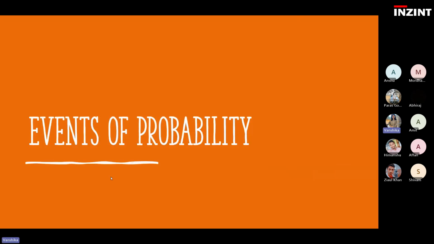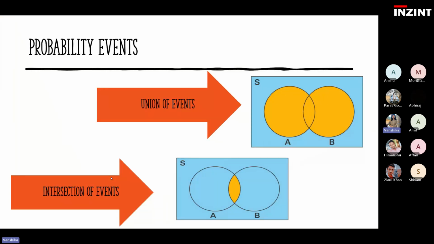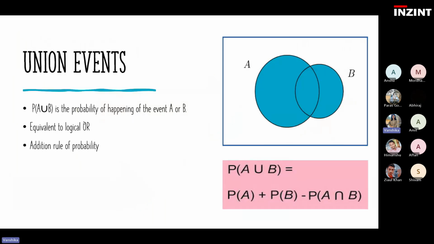Alright, thank you. Now let's talk about events of probability. There can be various events. Everyone will know about union and intersection. Union is basically the combination of both events, and intersection is basically the common part of the two events that you are working on. So how do we represent the union of events? Probability of A union B. It talks about the probability of the happening of event A or B, that is, either A or B happens.